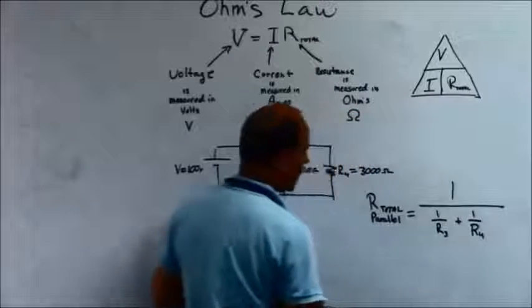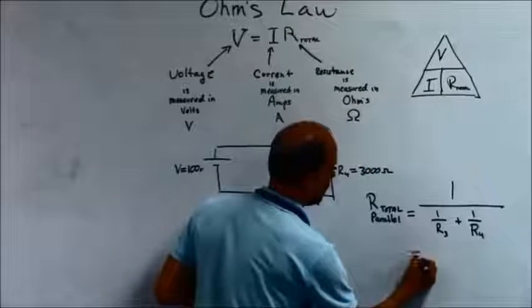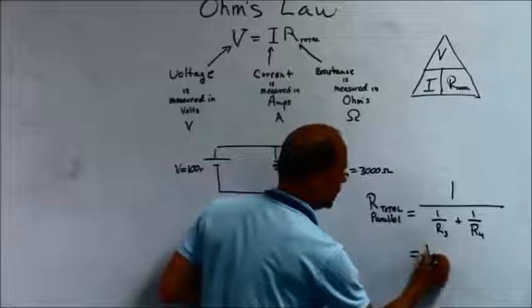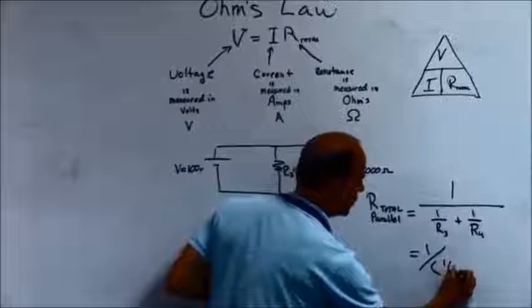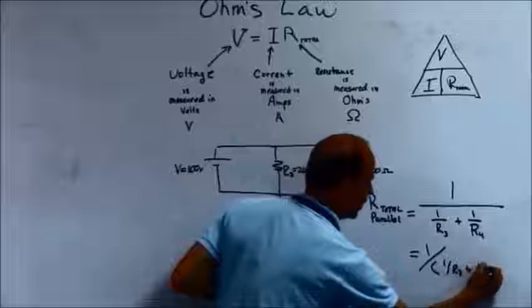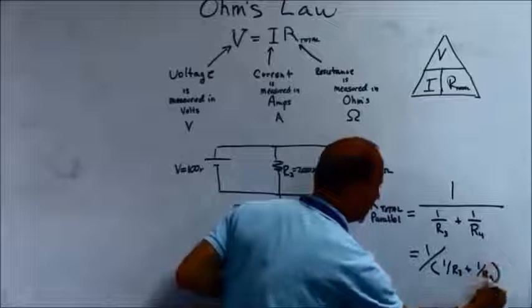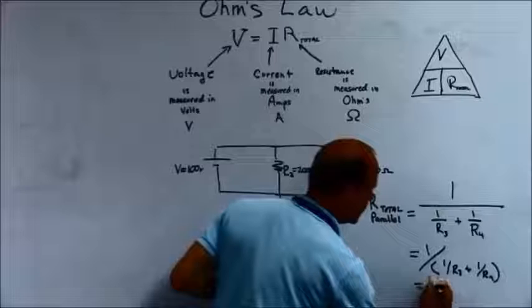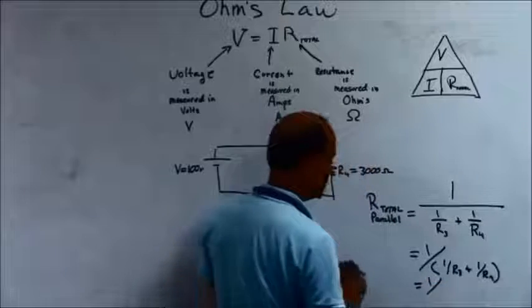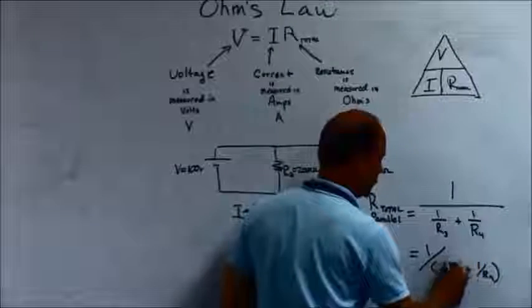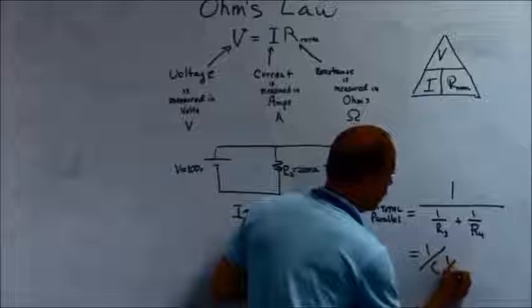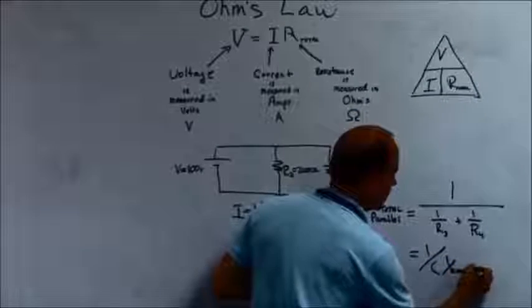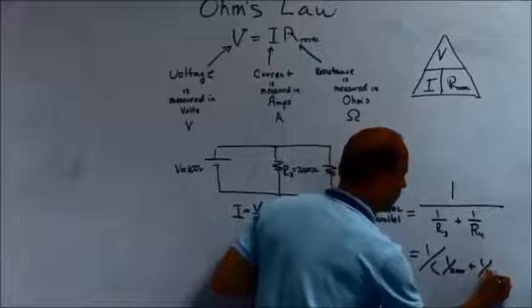So when you write that in your calculator, you can say 1 divided by the quantity 1 over R3 plus 1 over R4, which is equal to 1 over, gosh, this is going to get messy, 1 over 2,000 plus 1 over 3,000.